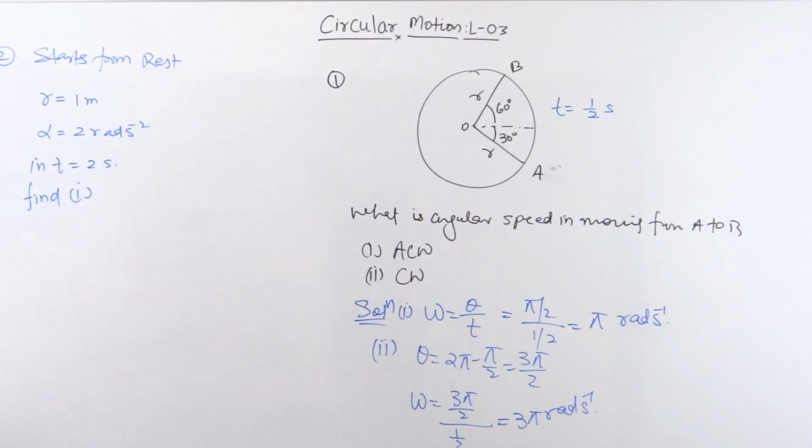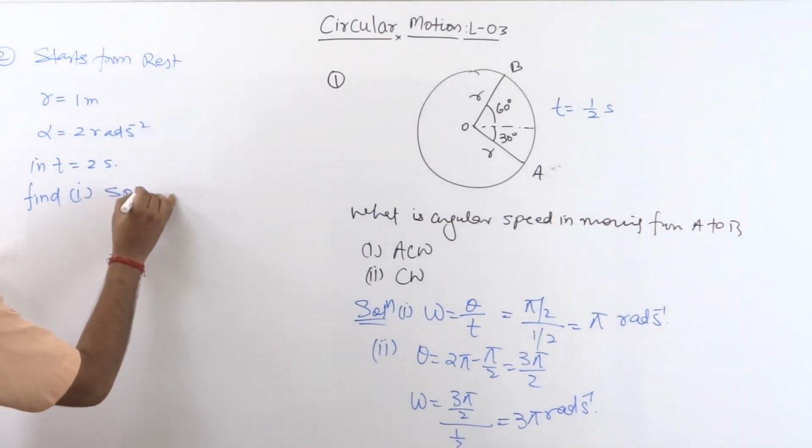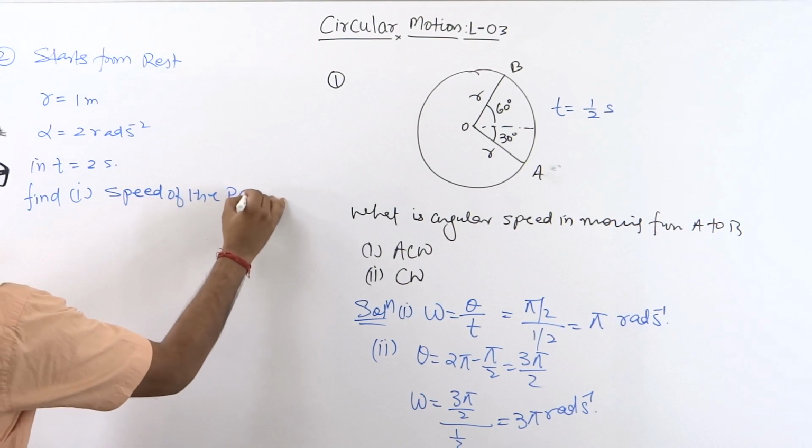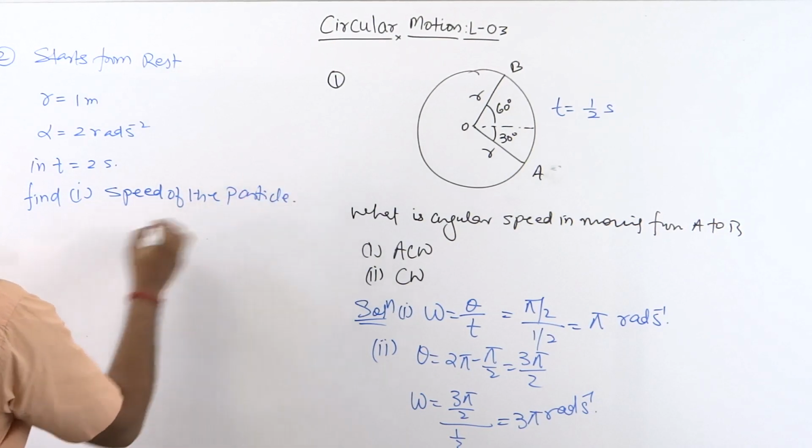Okay, now you have to find the speed of the particle. जो मूव कर रहा है आपने उसका स्पीड निकालना है.